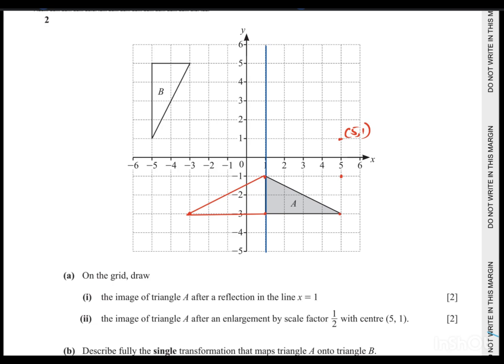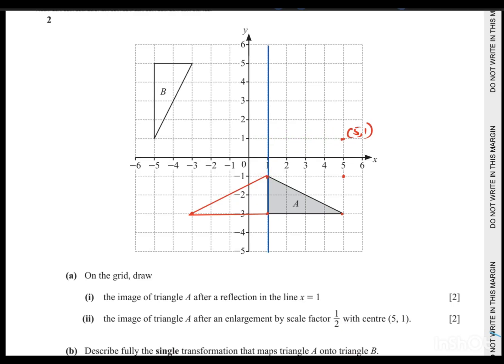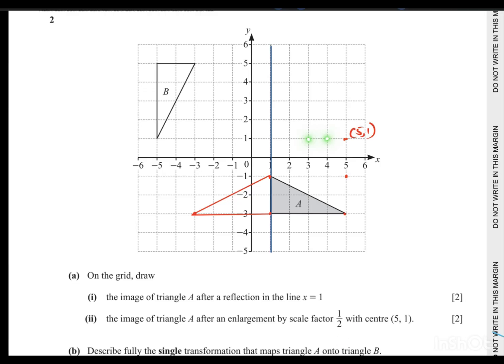Then next take the other coordinate. It is 1, 2, 3, 4 left and 1, 2 down. So same thing you will count, making it half. So 4 left is 2 left and 2 down is 1 down. So the coordinate will shift to this. Now the third coordinate will be this.